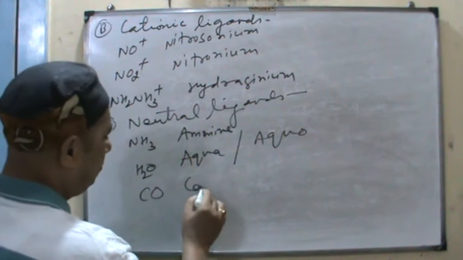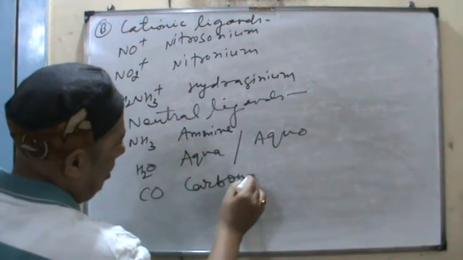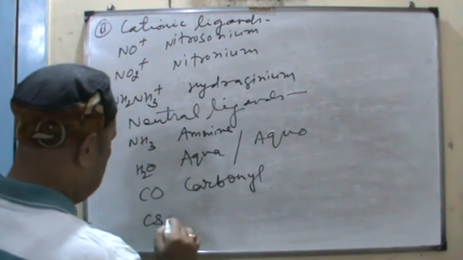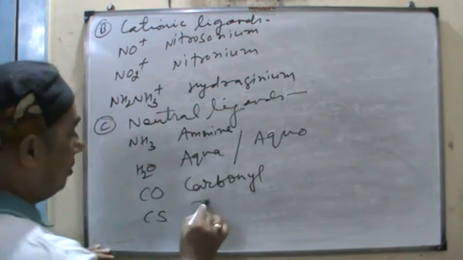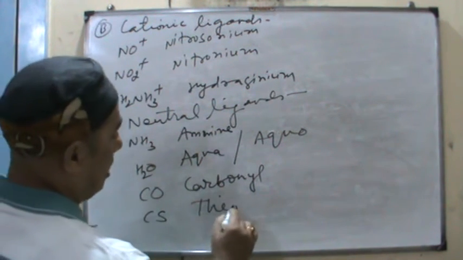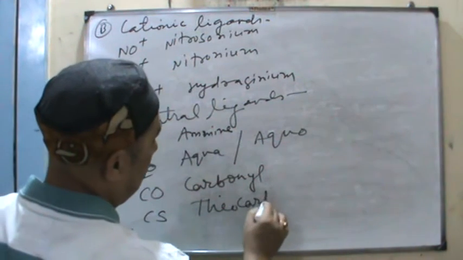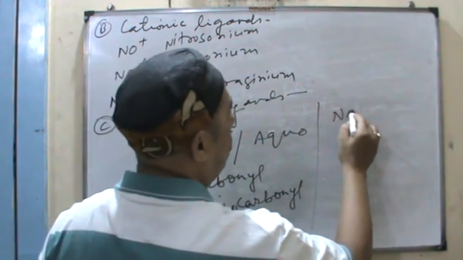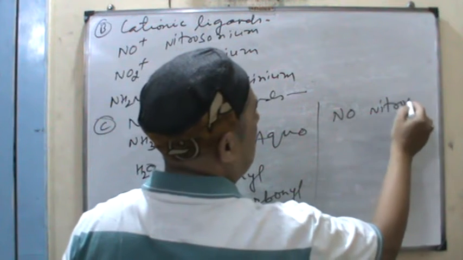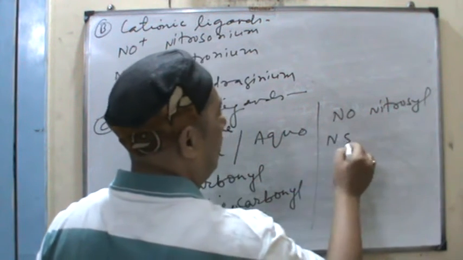CO is carbonyl. CS, what is that? Sulfur is termed as thiocarbonyl. NO is nitrosyl.